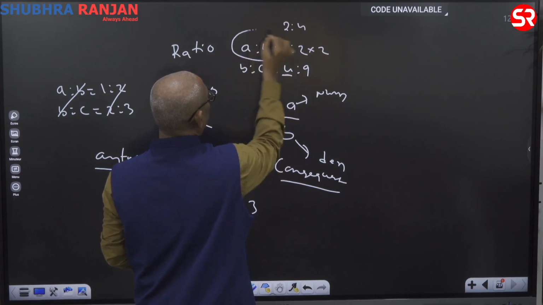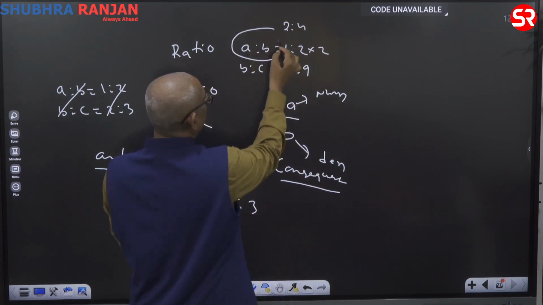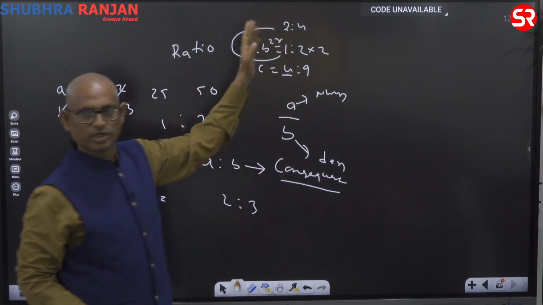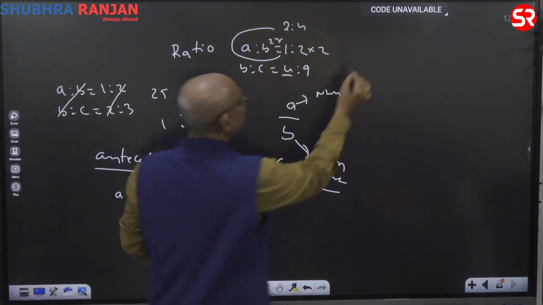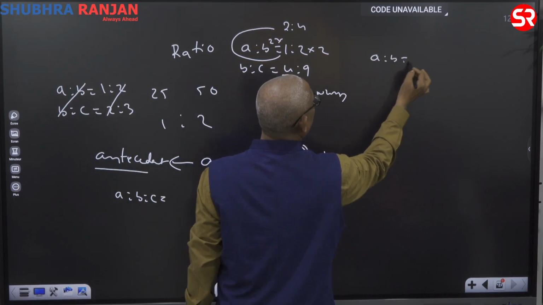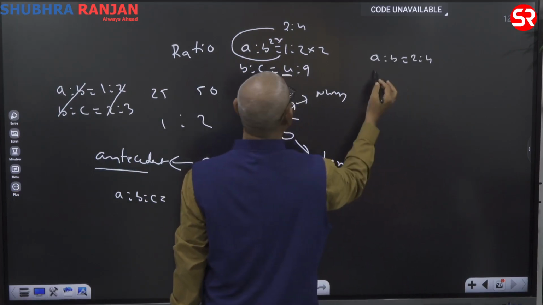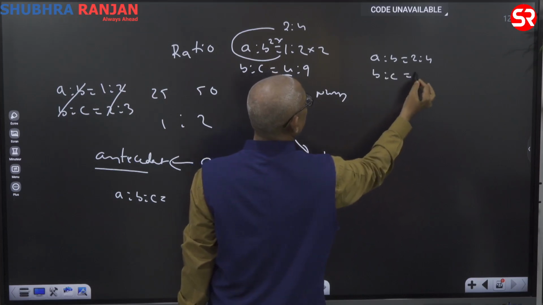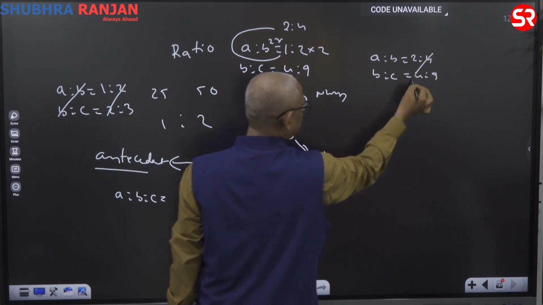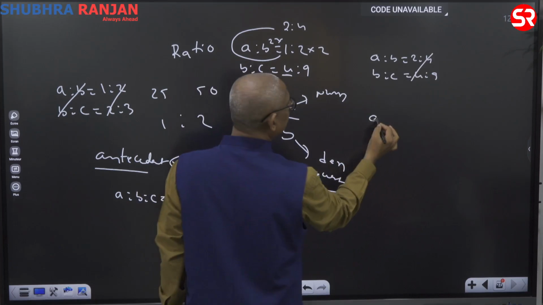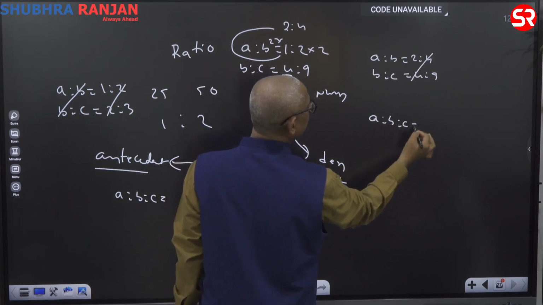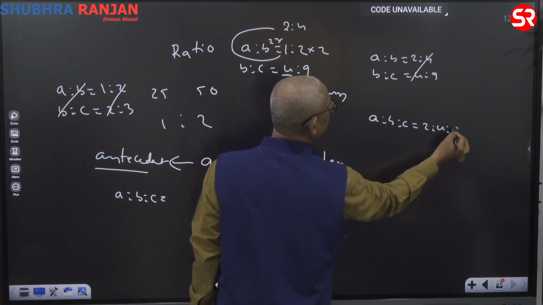So 1:2 ratio is proportionally equal to 2:4. Is it okay? So I can write A is to B as 2:4 and B is to C as 4:9. Now the connection and link is made. So A is to B is to C is 2:4:9.